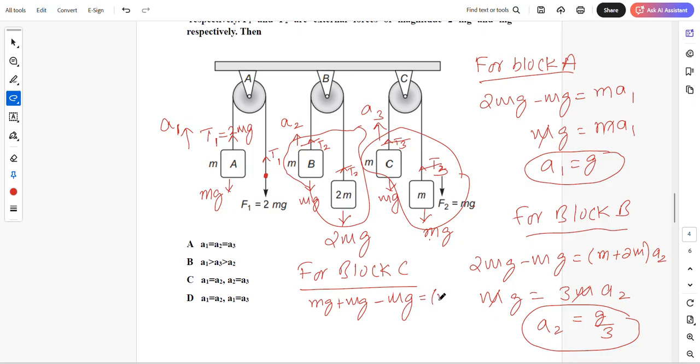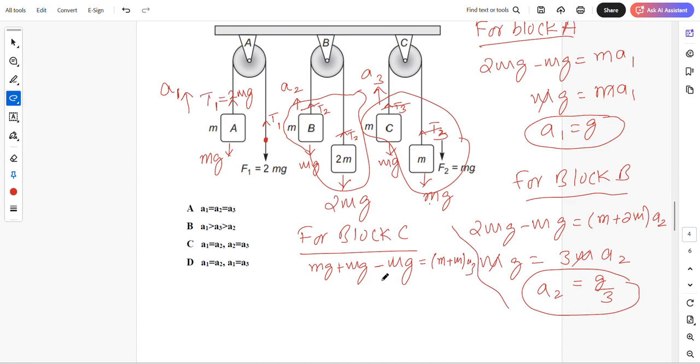How many masses are there? 2 masses, m plus m into a3, right? Okay, mg gets cancelled. mg is equal to 2m a3, m gets cancelled, a3 is equal to g by 2.